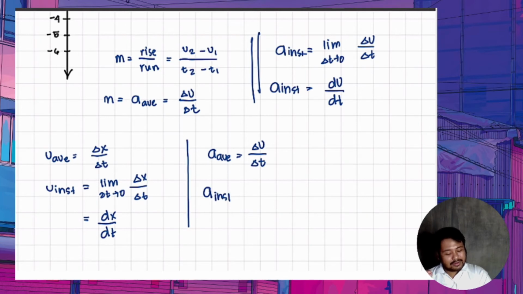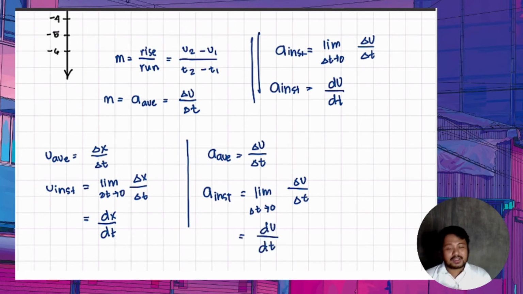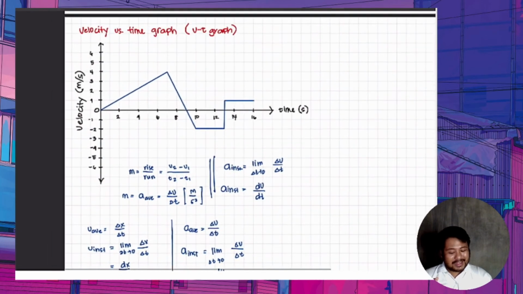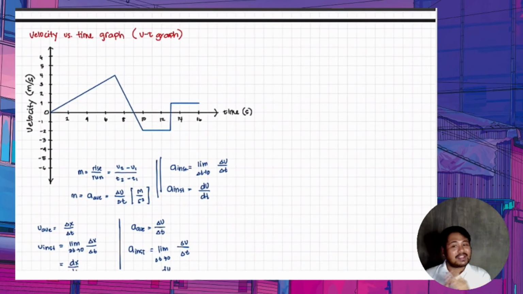Instantaneous acceleration, this is just the limit delta t approaching 0 of delta v over delta t, or this is dv over dt. And the unit for our acceleration, delta v over delta t, or v over t, that's just meters per second squared. That's our SI unit. Okay, so that's for our first information about our velocity versus time graph.